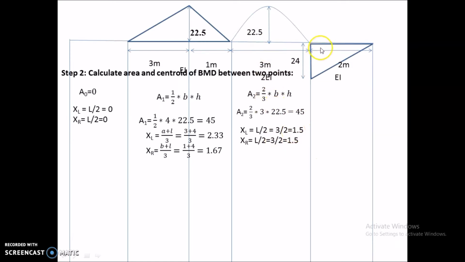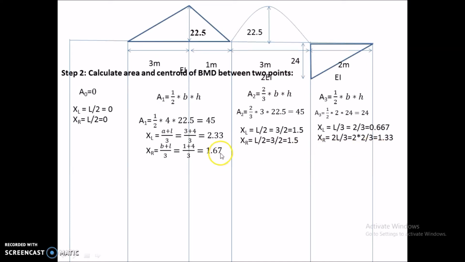Now coming to the last span CD, the area will be half base into height for a triangle. Half of base 2 and height 24 gives you 24. XL from here will be 1/3 of the length, that is 1/3 of 2, which gives 0.667. And XR from here is 2/3 of the length, that is 2/3 of 2, which is 4 by 3, that is 1.33.